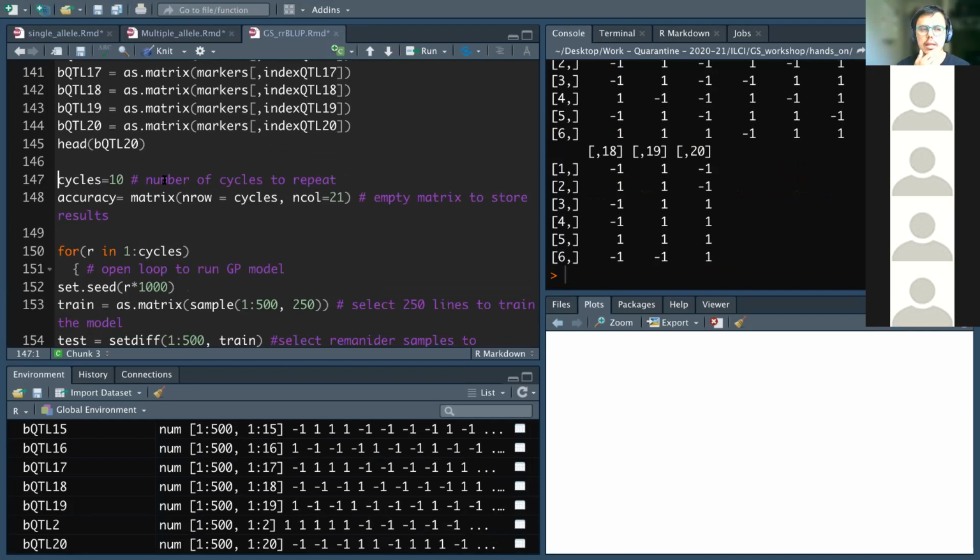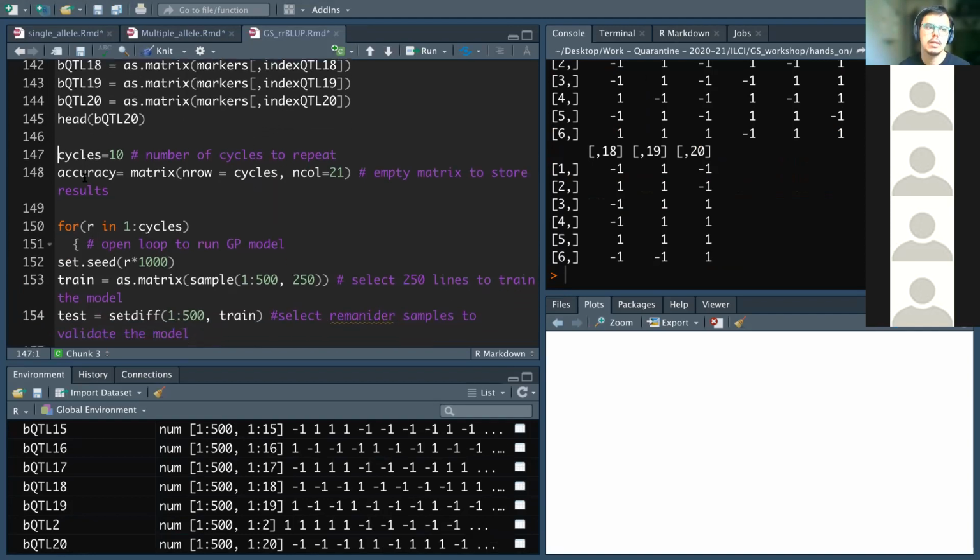It always takes a lot of time to organize all the data to fit the model, but when we organize that data, the model is kind of straightforward. So then in genomic selection, we have to run several cycles or repeat the process several times.